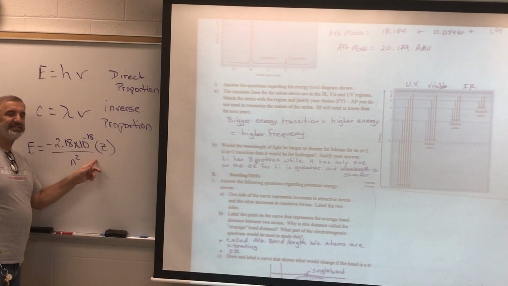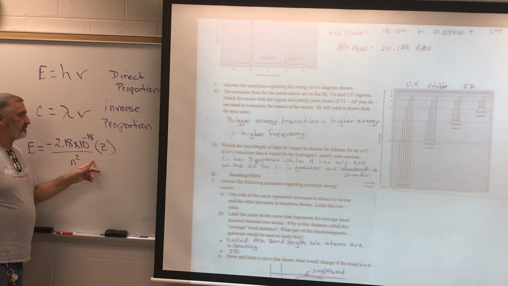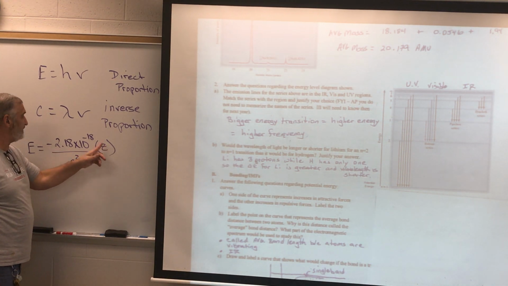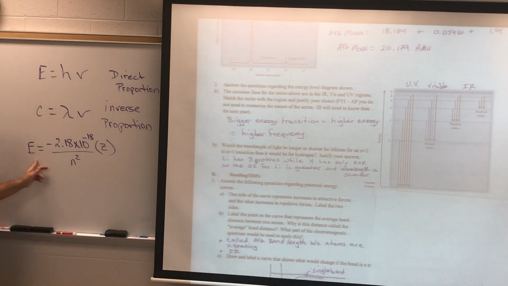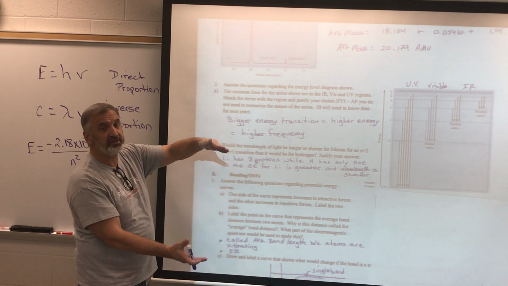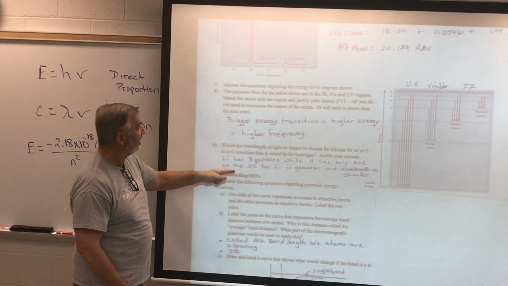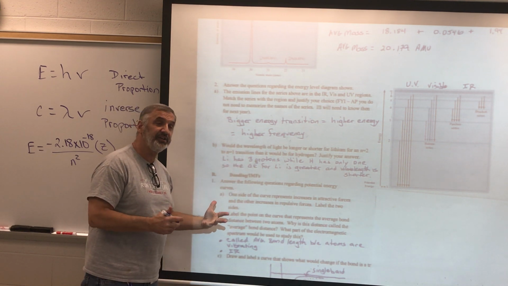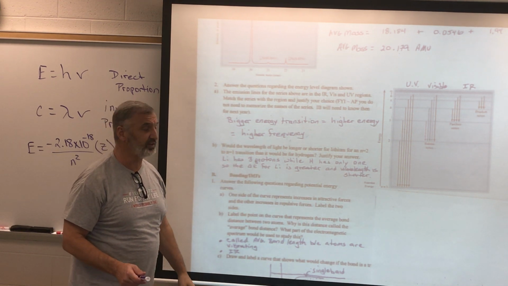We only did this for hydrogen where Z is 1, so we didn't even hardly put it in there. But if I multiply this by 3, you can see that this is going to be a bigger number. So the energy transition between lithium 2 to 1 is going to be a greater energy change than when n equals 1.